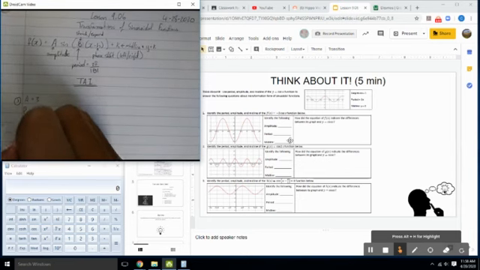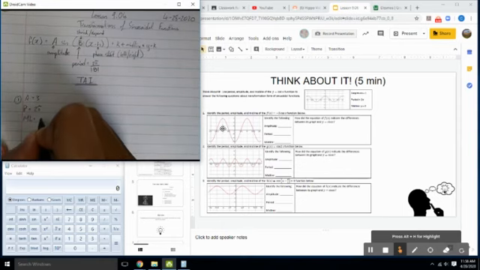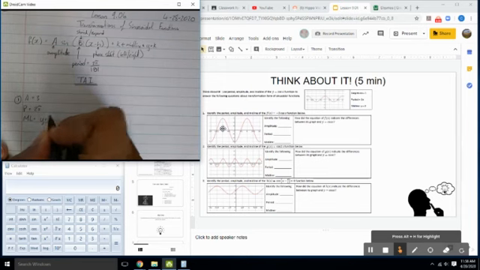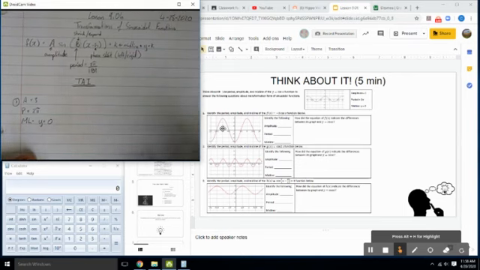What about our midline? Our midline is going to be the line that cuts the graph in half. As you can see, the line that cuts the graph in half is our x-axis, otherwise known as y equals 0.